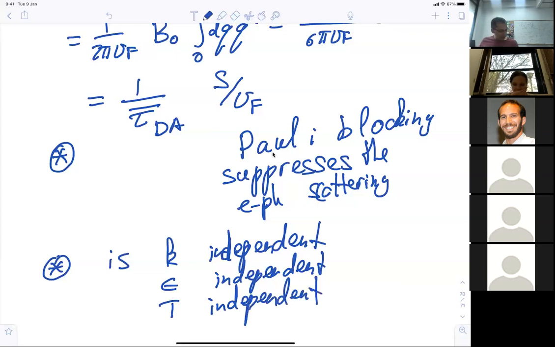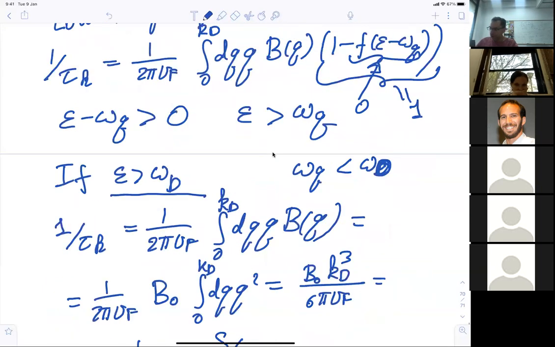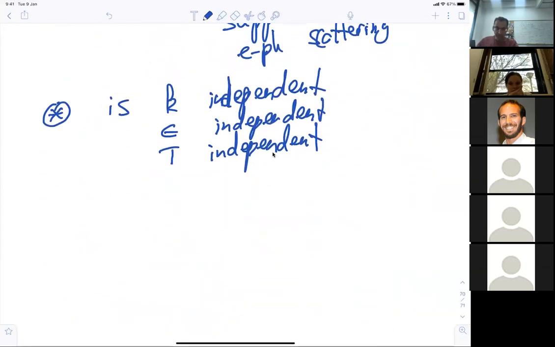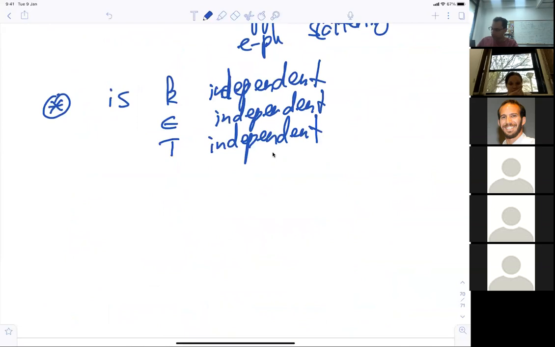So it does not depend on them in this range of parameters. This scattering time is completely built of some material parameters. But that happened if we assume that energy is larger than omega Debye. So this was in the range of parameters where energy was much larger than omega Debye.